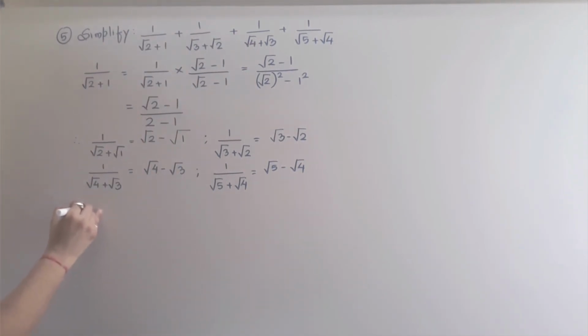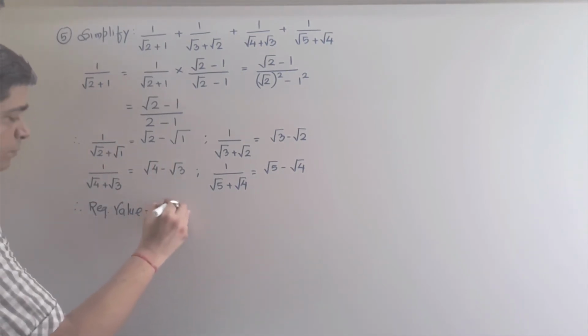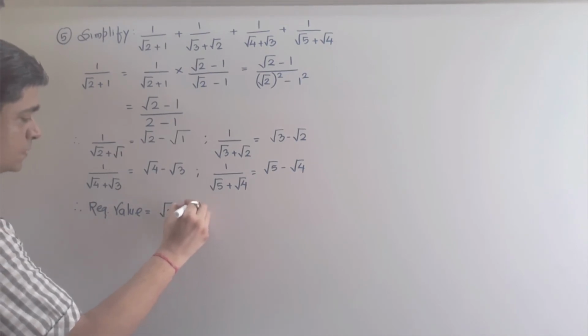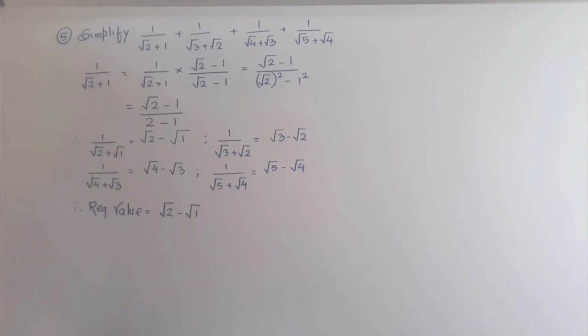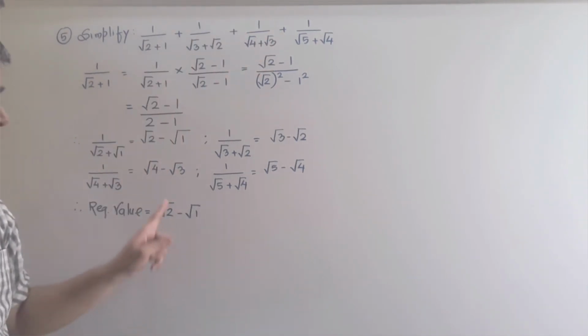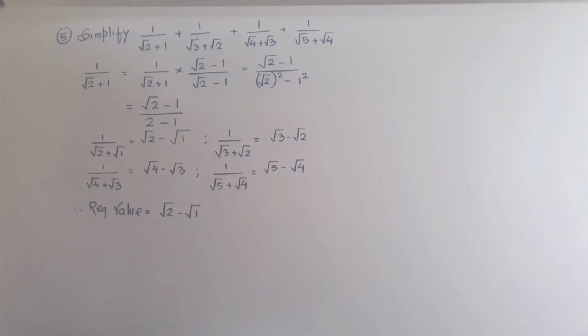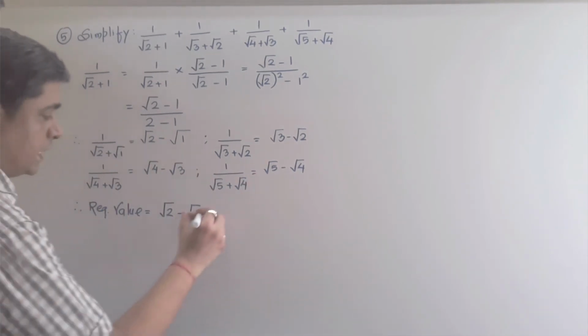So required value will be equal to, what is the first value? Root 2 minus root 1. So let me put up root 2 minus root 1. Since all the terms are positive, we shall not apply the bracket, we can write down directly because there is no change of sign.